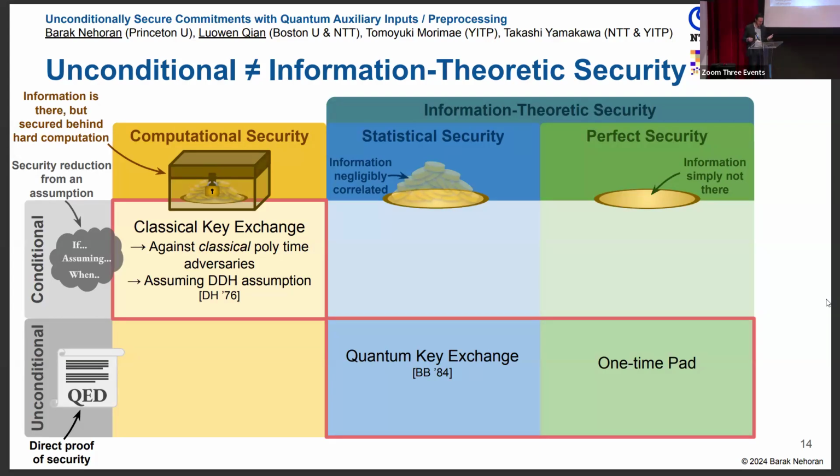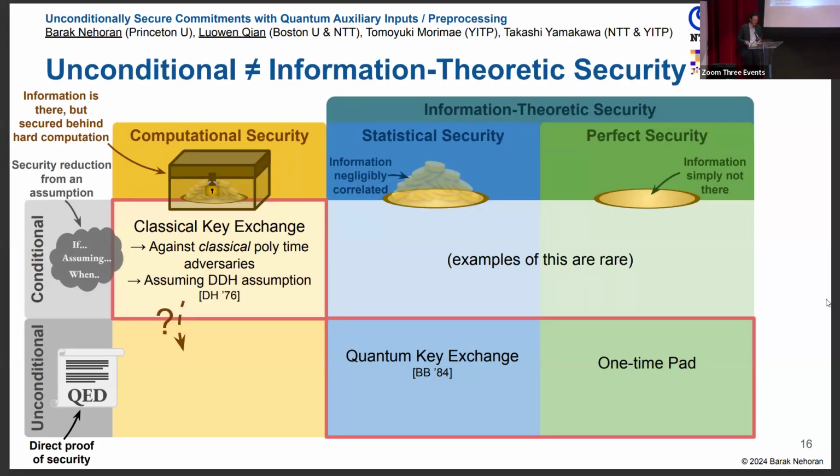And in fact, it's hard to find examples of any schemes that fall outside this diagonal. Security proofs up here exist, but are quite rare, and usually not necessary. On the other side, if we could prove the security of any computational cryptography, that would bring it down here.